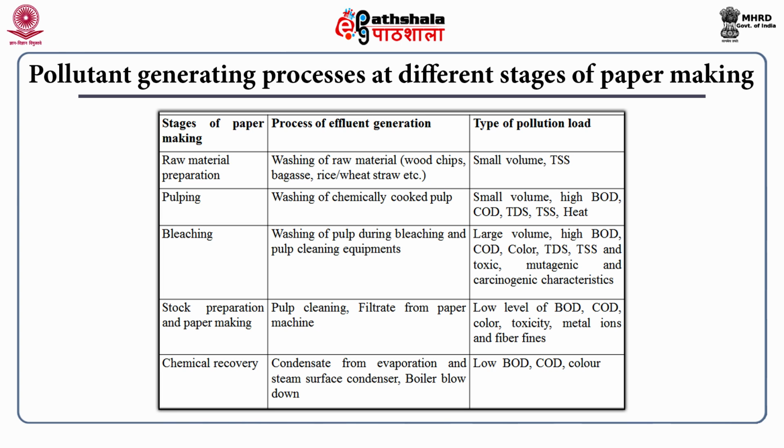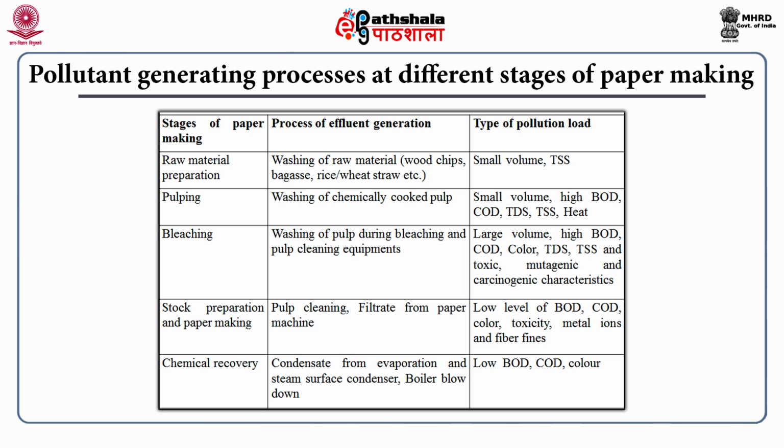During bleaching, washing of pulp and pulp cleaning is done. During the bleaching step, large volumes of wastewater are generated, and it has high BOD, high COD, color, TDS, TSS, and toxic, mutagenic as well as carcinogenic elements in it.